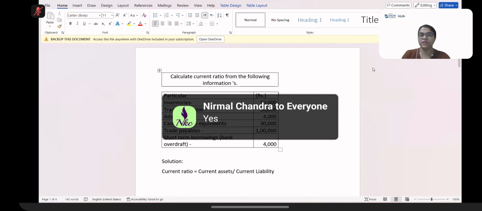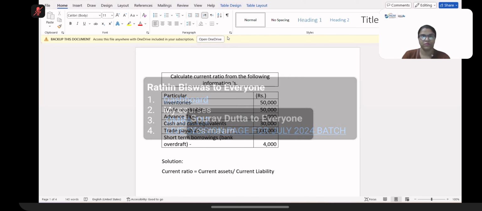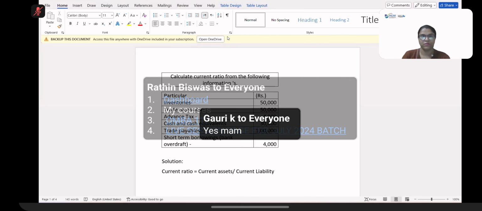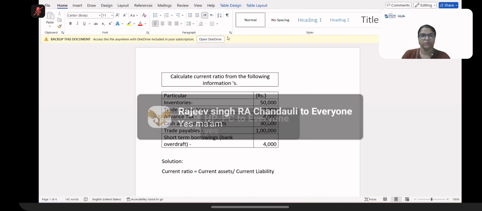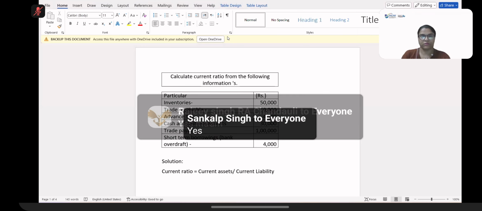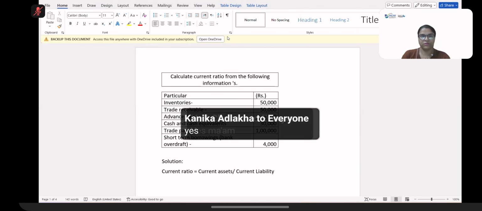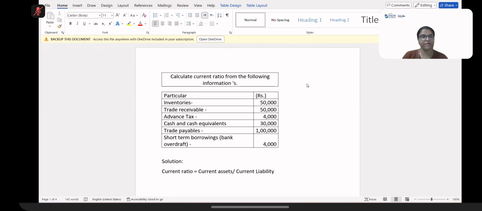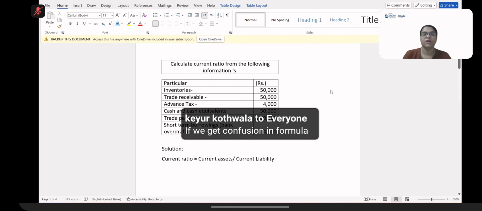Is the screen visible, everyone? Okay. It's already very big. You want me to zoom more, so you will not get the sum in one page then. It's already very big. The font is big.